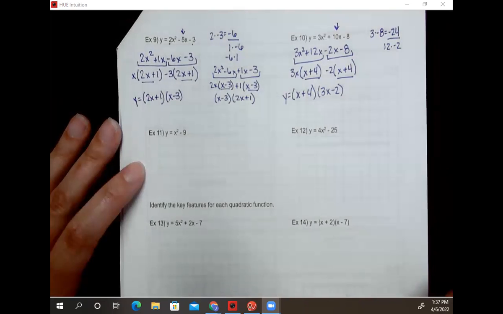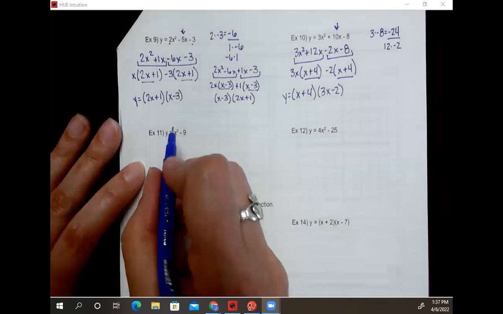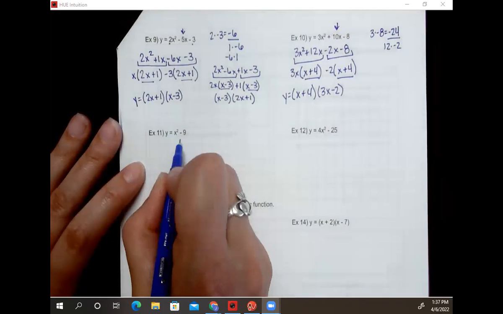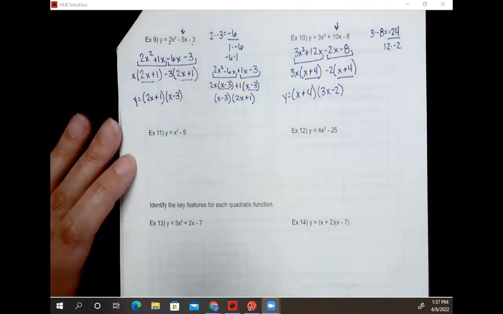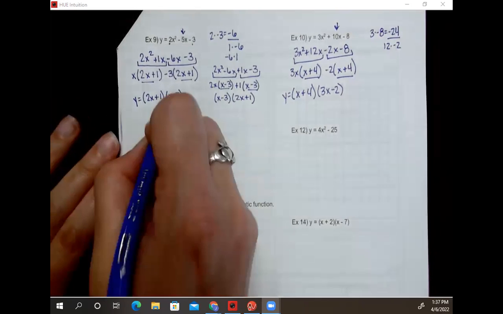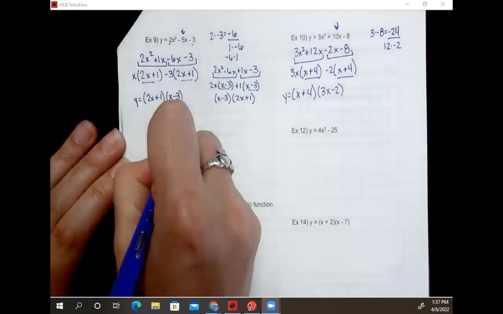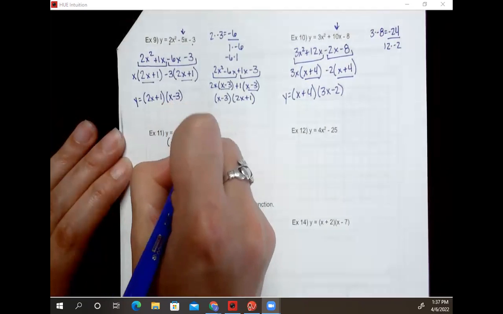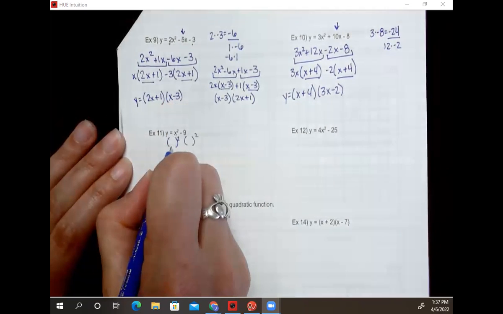For example 11, do I have a GCF there? Nope. And then I want you to notice x squared minus a number. When I only have 2 terms and it's something with x squared minus a number, this is where we think difference of squares, okay? So this is where we said, figure out what we square to get each of these. So what do I square to get x squared? X, right?